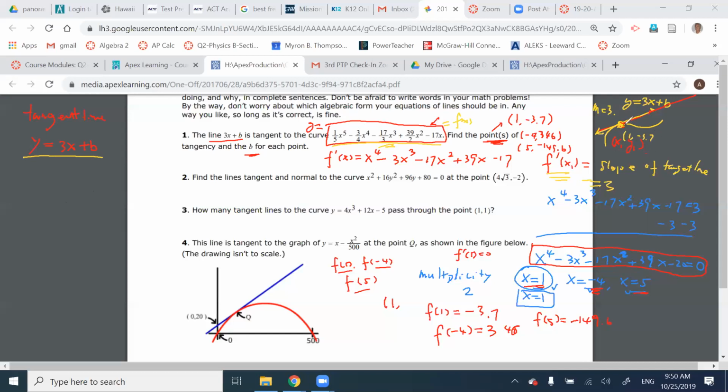This is one line. So you have negative 3.7 for the y equals 3 times 1 plus b. Can you follow me? And then you will get b equals negative 6.7. And then you can determine the tangent line now equals 3x minus 6.7. That's one way. Get it?